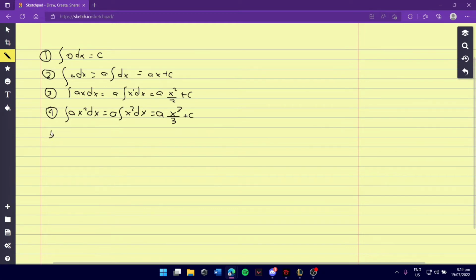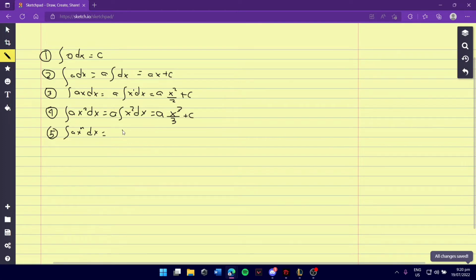For our final formula, we have the integral of a x raised to n times dx.